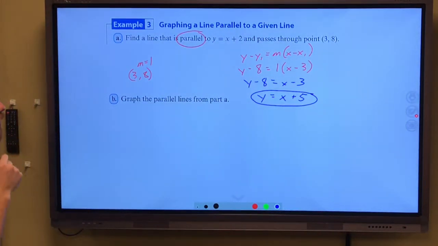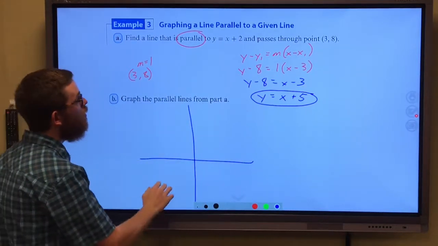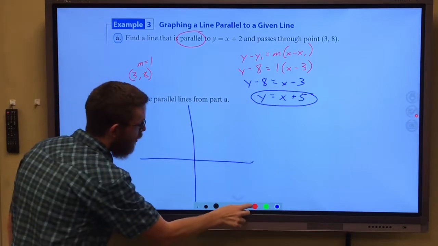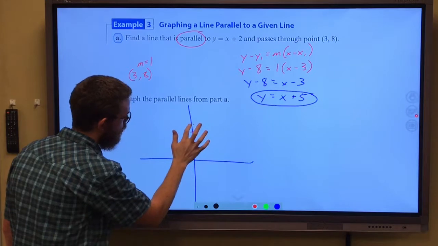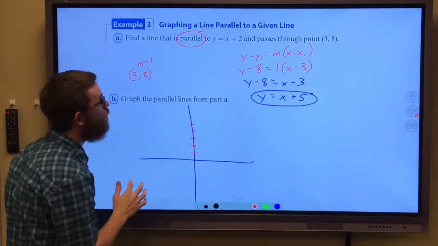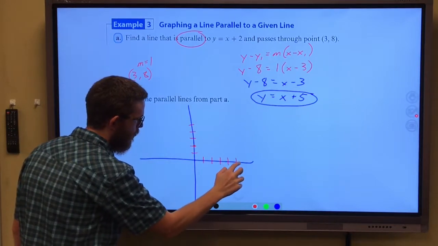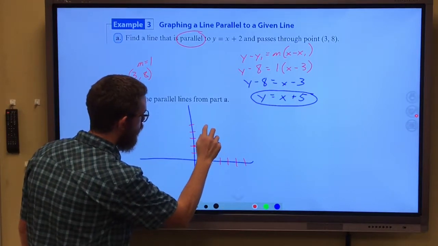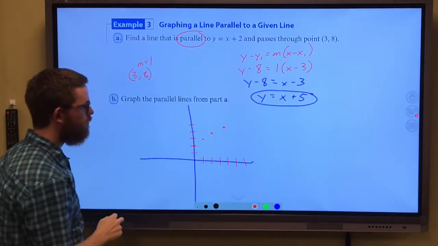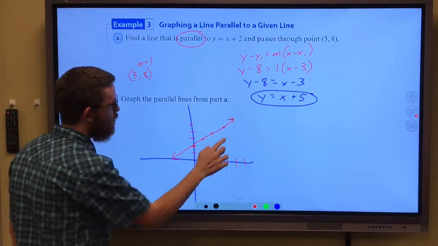Here, graph the line, the parallel line. Our original equation is y equals x plus 2. So I have a y-intercept at 2. The slope is 1: up 1 over 1, up 1 over 1, and so on. So that is my original line.